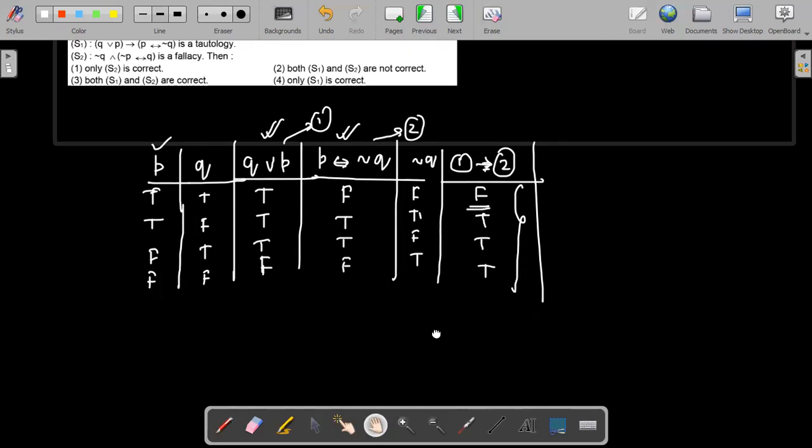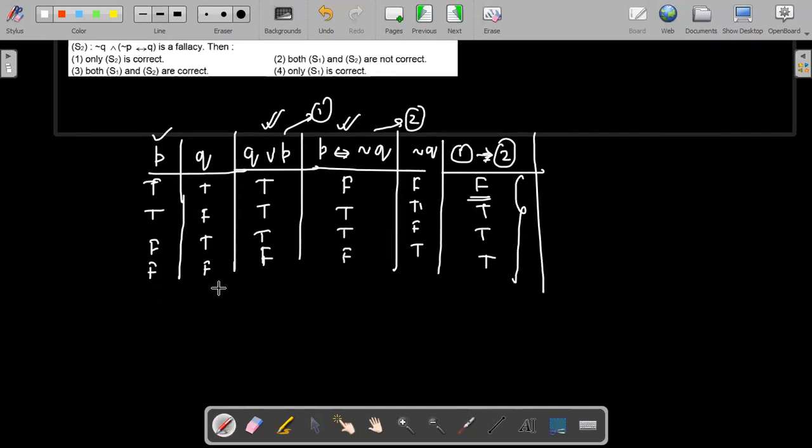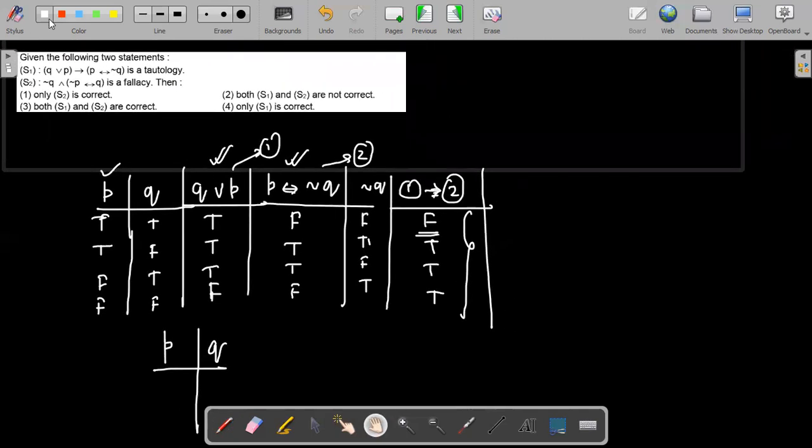What about the second one? So you have P, you have Q, or you can calculate it here also, no problem. Let us do it here. We have already calculated this, and let us calculate this.